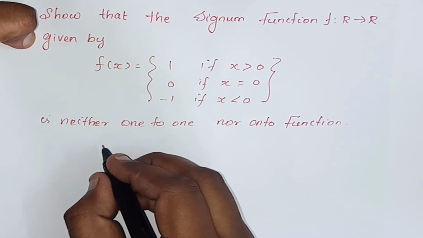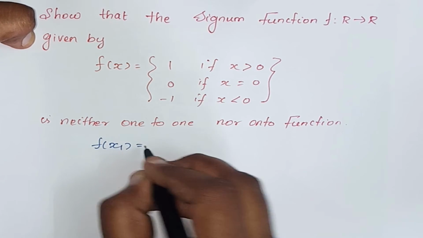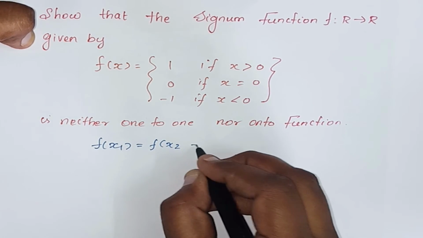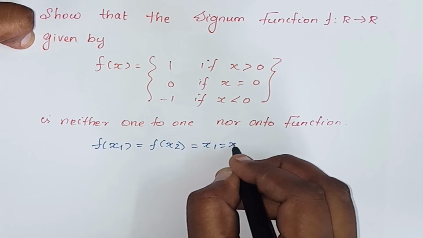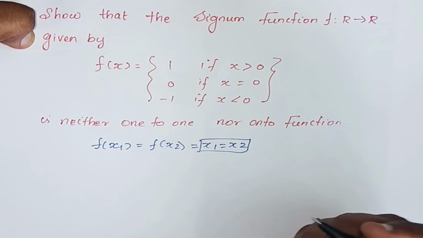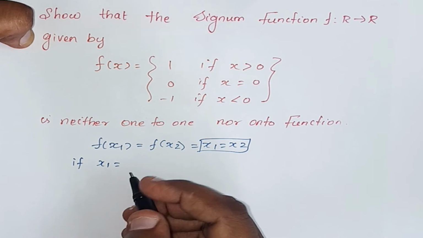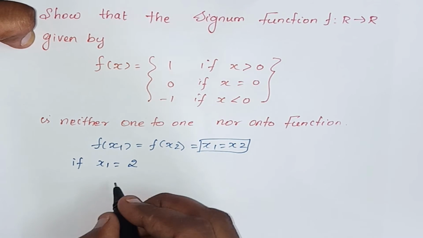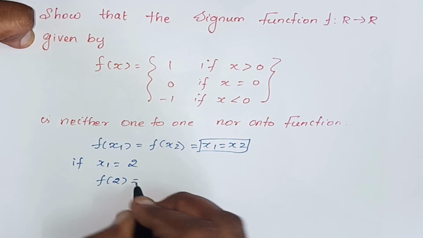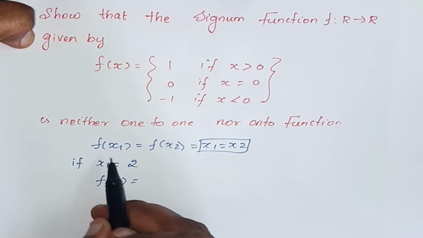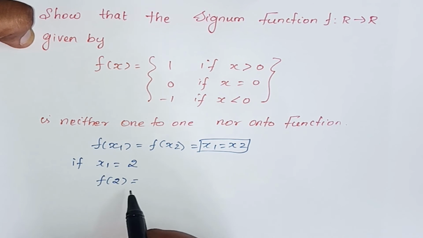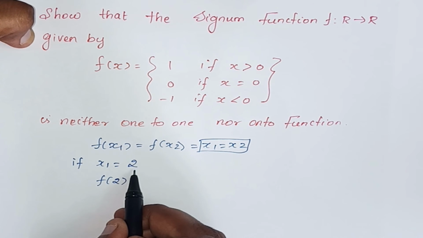So first for 1 to 1 we need to prove f of x1 is equal to f of x2, that gives x1 is equal to x2. We need to prove this function, right? So here for example I am taking x1 is equal to 2 means f of 2 is nothing but f of x1, that is f of 2 is nothing but 2 is greater than 0. So 2 is positive value, 2 is greater than 0.